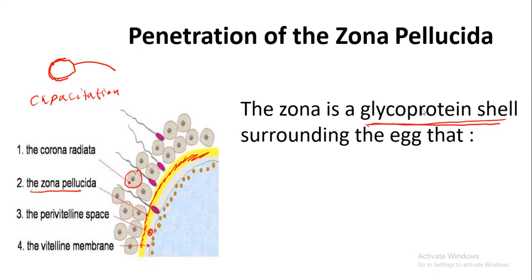This glycoprotein shell is protecting the egg. It surrounds the egg. As you can see, this is the egg inside, and this egg has the zona pellucida. So the zona pellucida is protecting the egg.